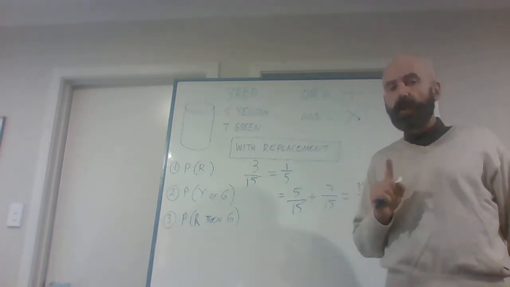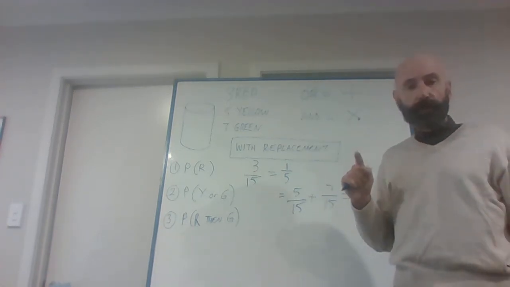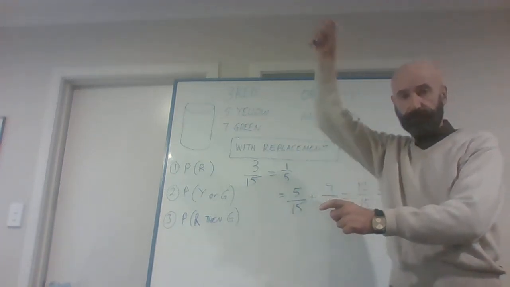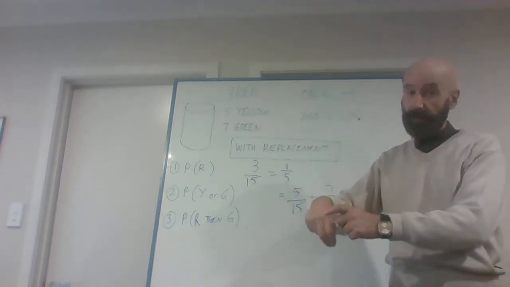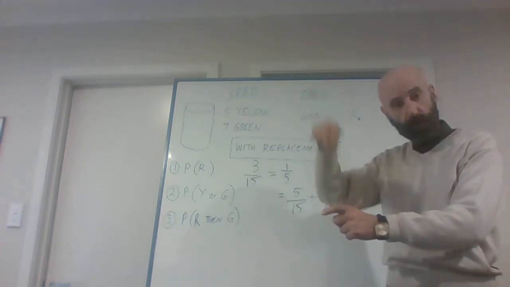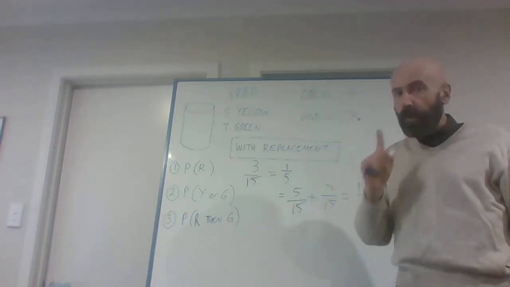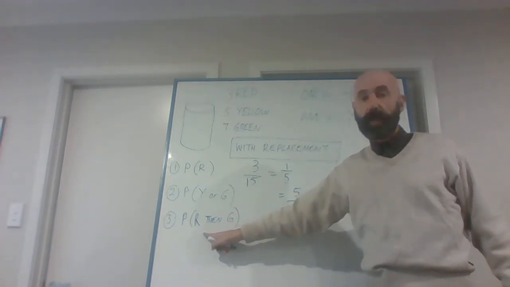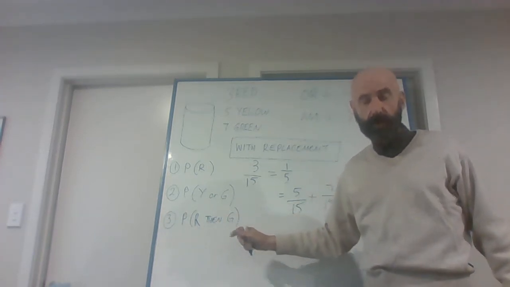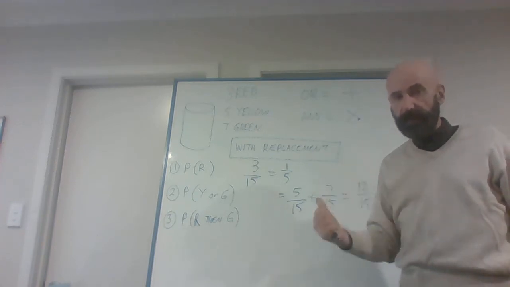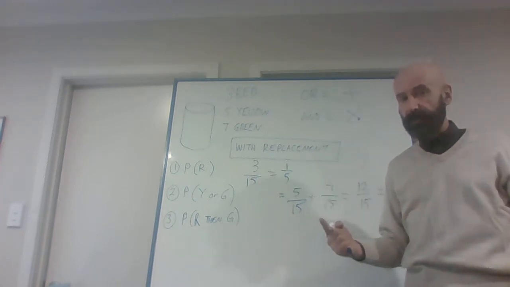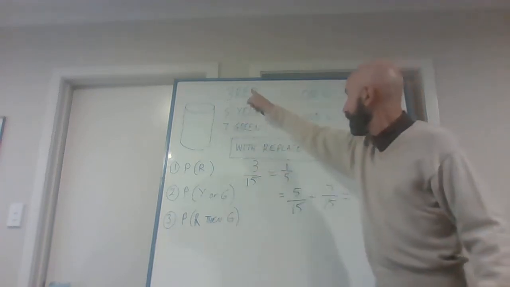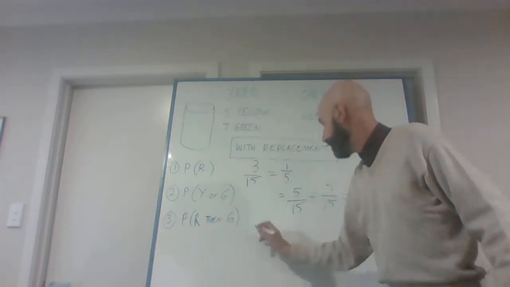Now, I am going to pull out 2 lollies, taste them, replace it, take a second one, taste it, replace it. What I want is to pull out a red one first, then a green one. So what I want is a red and a green. What's the probability of getting a red? 3 over 15.